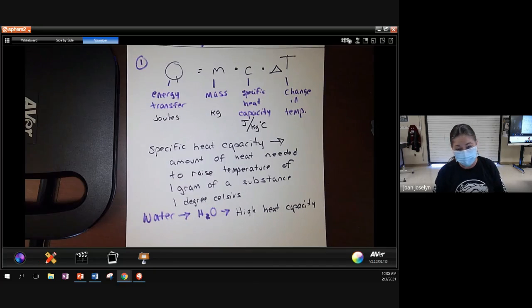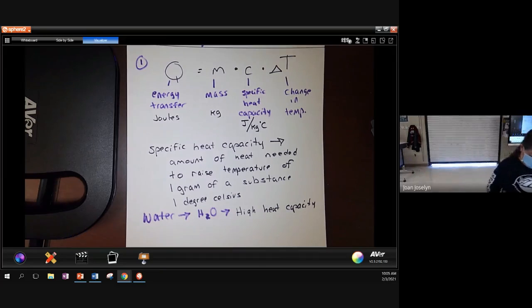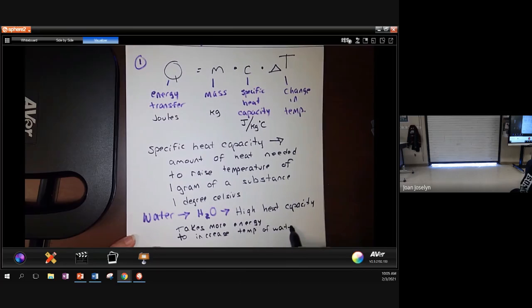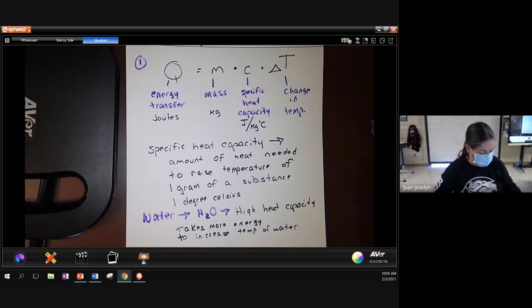Butter has a lot of water in it, so not that quick, but compared to anything else, it takes a little bit longer. So it takes more energy. And you also need a higher heat. It takes more energy to increase the temperature of water compared to other things.